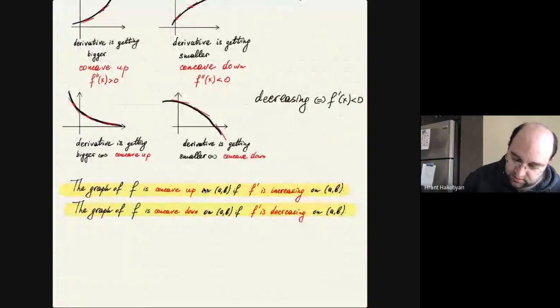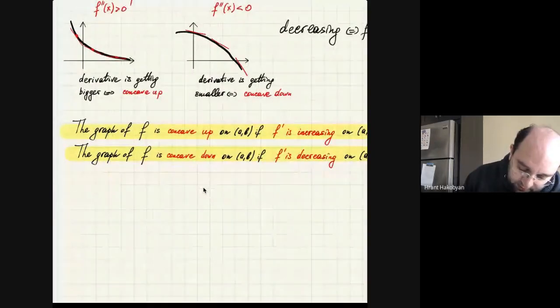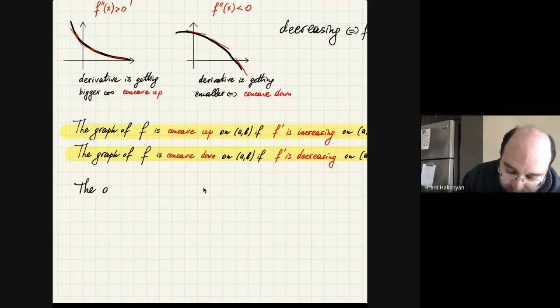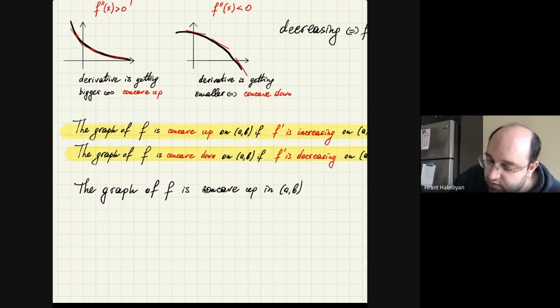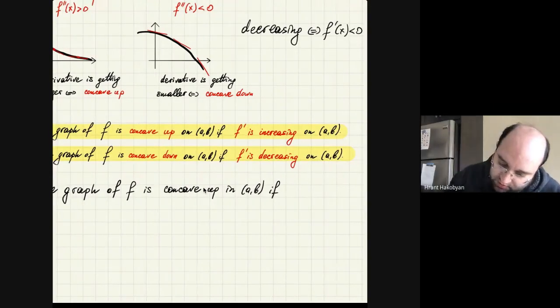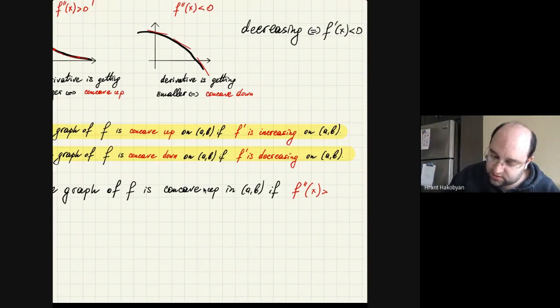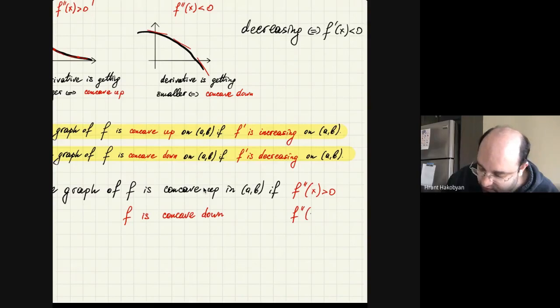So let me write it here. The graph of f is concave up in the interval AB if the second derivative is positive in the same interval AB, and similarly f is concave down is the same thing as saying the second derivative is negative.